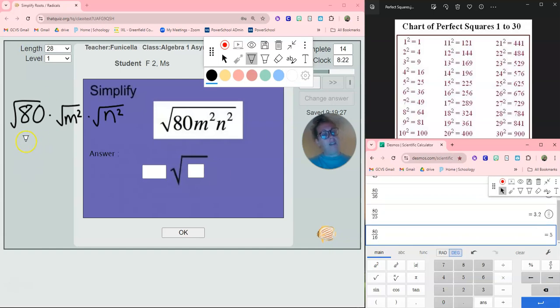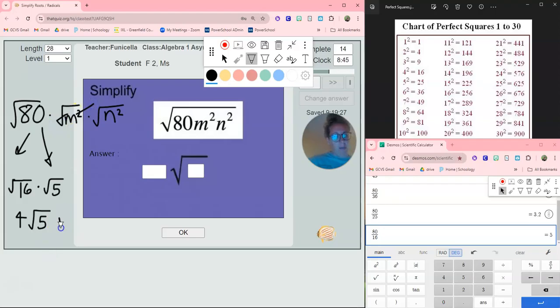And 16 does. So we can split up 80 to be 16 times 5. So we have the square root of 16 times the square root of 5. Square root of 16 is 4 times the square root of 5. And then looking at our variables, we have the square root of m squared.